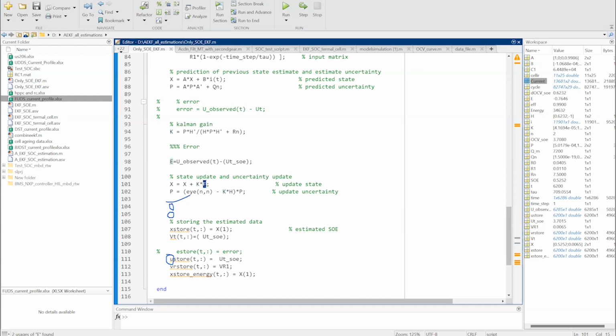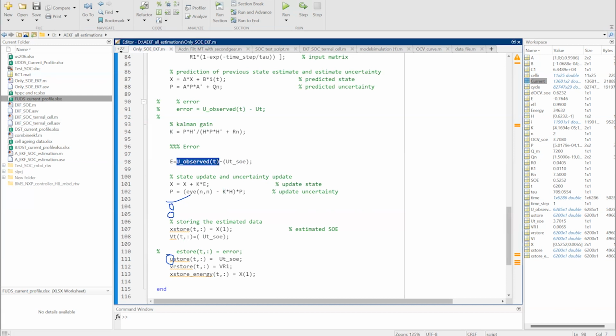The error is nothing but what you observe minus the output of SOE. So this is the terminal voltage from your theoretical model, and this is the terminal voltage from your real cell, which we get from the sensor.